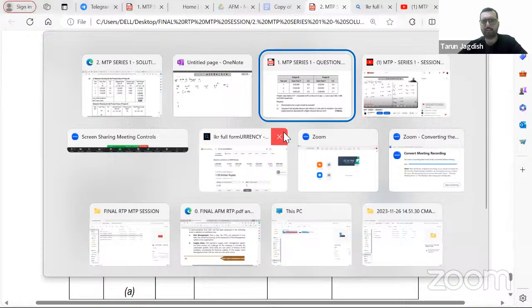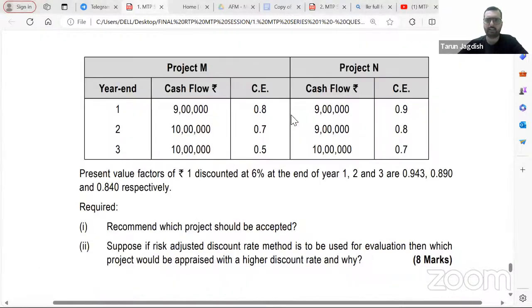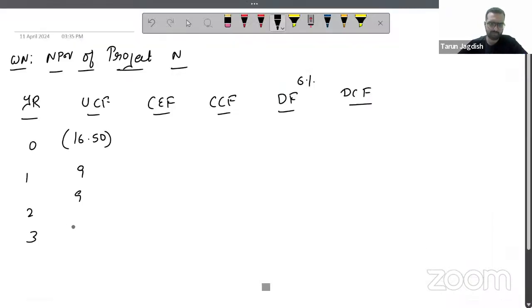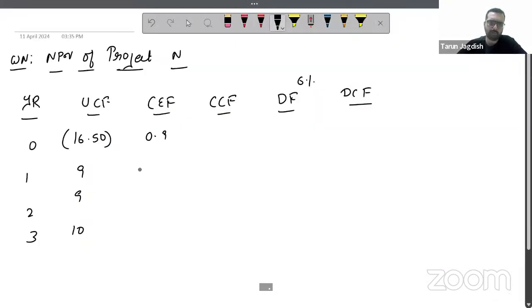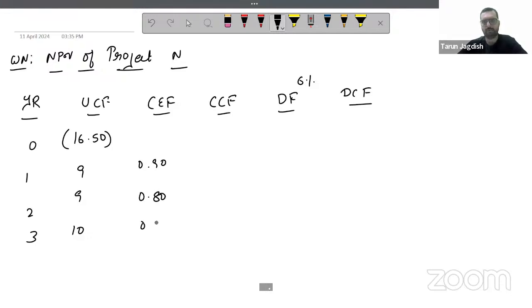Year number 1, 9, 9, 10. And the certainty equivalent factor is 0.9, 0.8, 0.7. And here it will be 1. 16.5, 8.1, 7.2, 7.